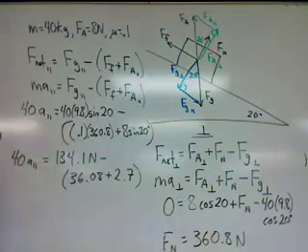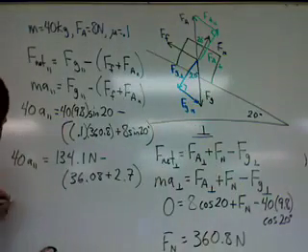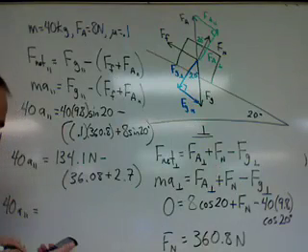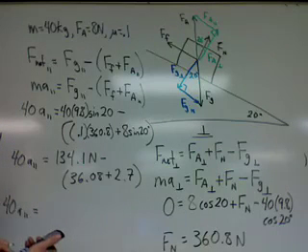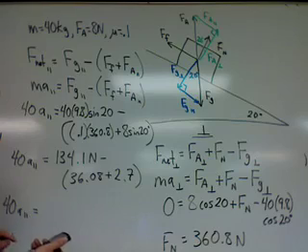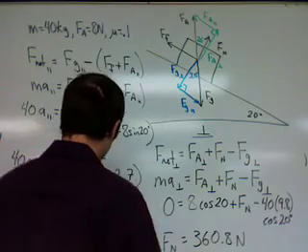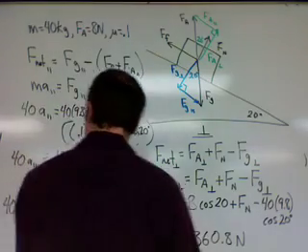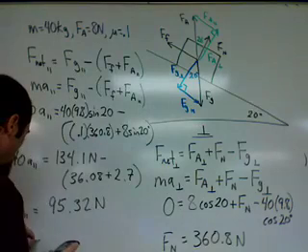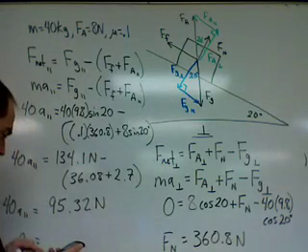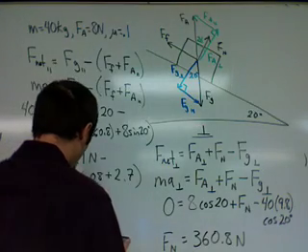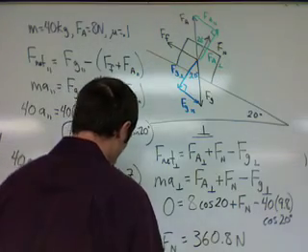And if I do the math here, I'm going to get 40a parallel equals 134.1 minus the quantity 36.08 plus 2.7. And I get 95.32. And a then is going to be equal to 2.38 meters per second squared.